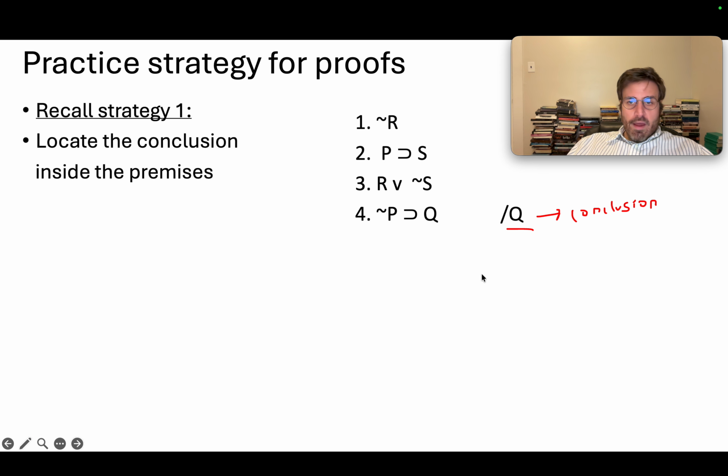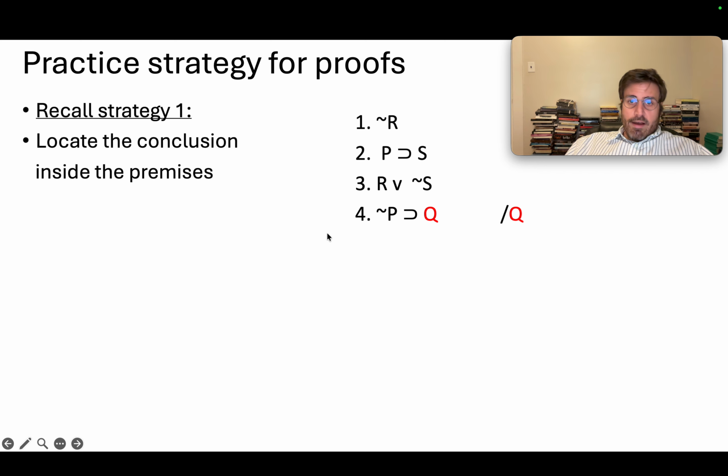Our conclusion is Q, so our goal is going to be Q. I see that our conclusion is appearing in premise 4 as the consequent to this conditional: if not P, then Q. So clearly premise 4 is going to be very important for us.